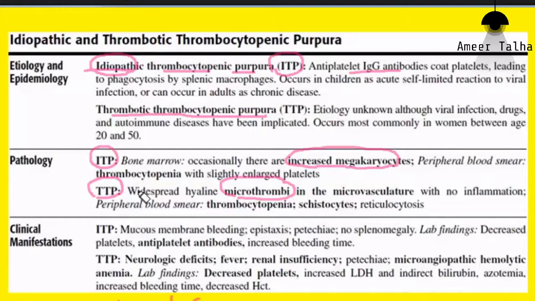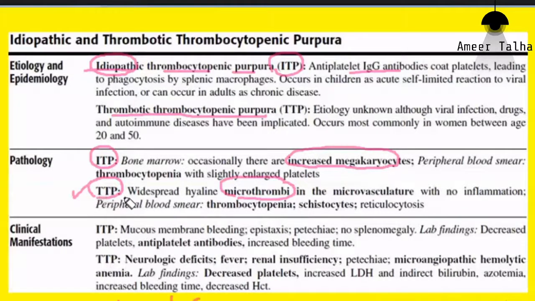So in patients of ITP, the levels of platelets will be on the lower side. This will prolong the bleeding time. Moreover, if you take the bone marrow biopsy, it will show an increased number of megakaryocytes. Now, if we compare this ITP with TTP, thrombotic thrombocytopenic purpura, it is self-explanatory.